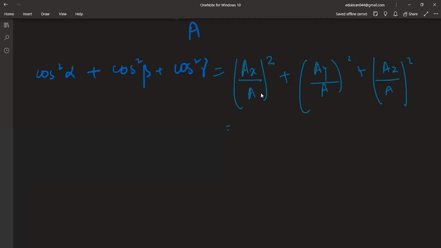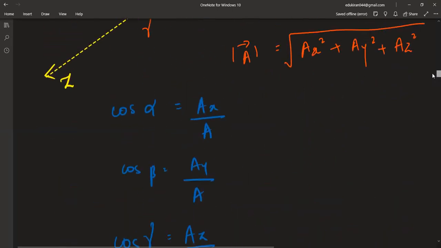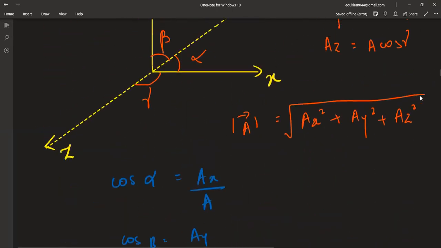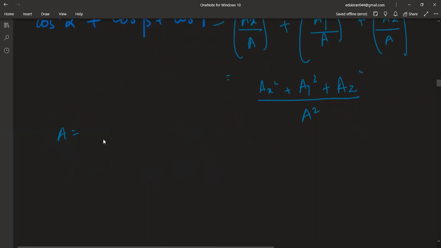Now see, if you can notice here, A square is common. So let me make the common denominator as A square. What will be left over here? Ax square plus Ay square plus Az square. Right? Now class, remember, we have just written the magnitude of the vector A, under root Ax square plus Ay square plus Az square. So your A is actually under root Ax square plus Ay square plus Az square.